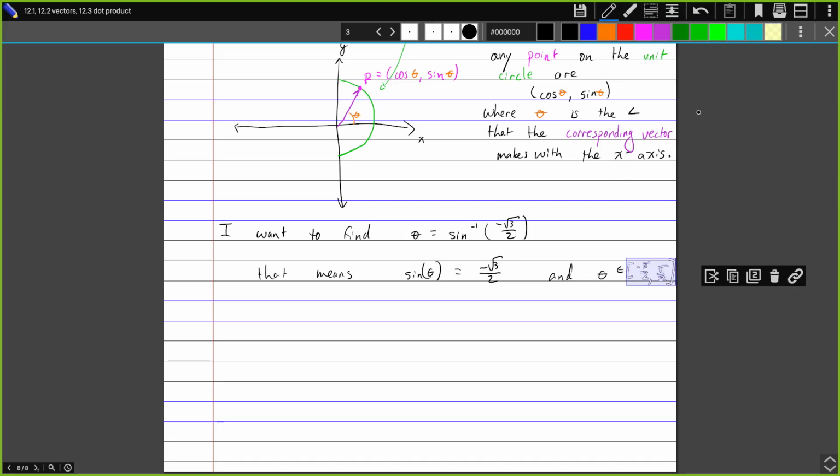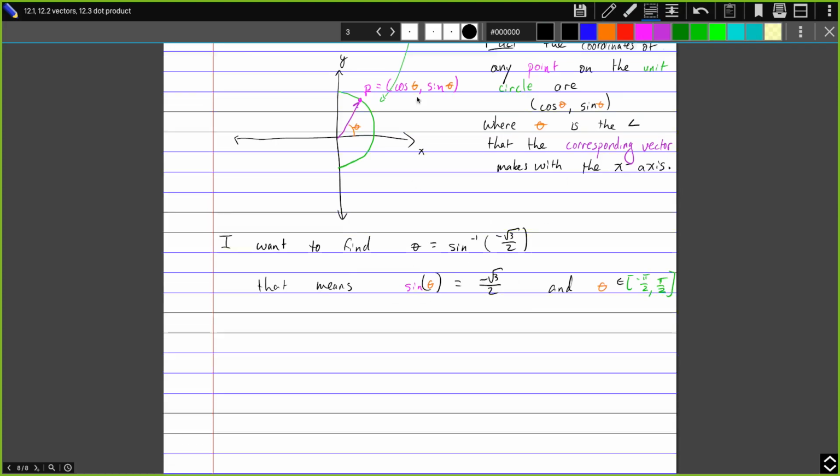So we're looking for the corresponding pink point that corresponds to the y value minus root 3 over 2. Again, the problem is to evaluate this arcsine. If we find theta, we're done, because theta is equal to this arcsine.